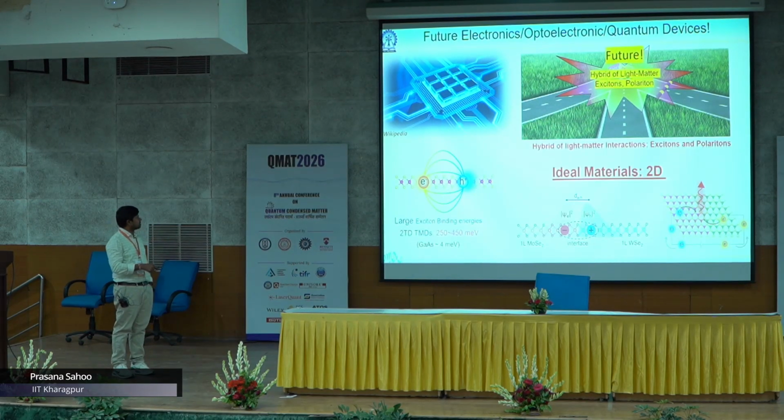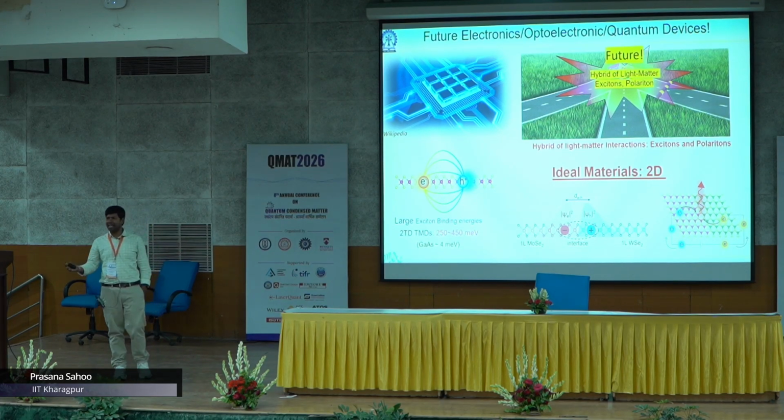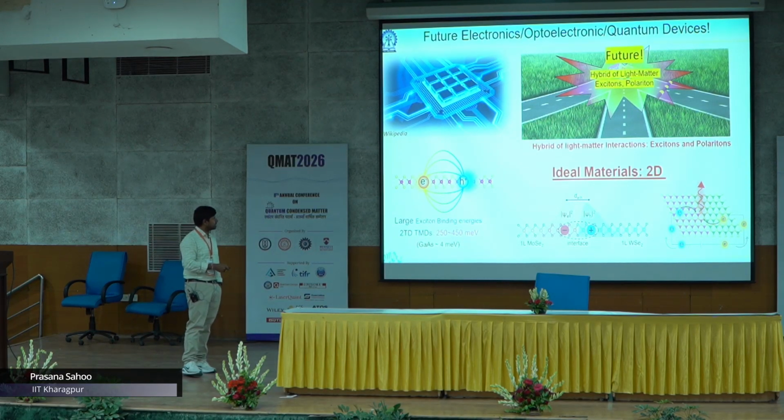For that, the ideal material is more of a lateral heterostructure, where we can precisely modulate the carrier on demand, and we can create the formation of excitons or different kinds of phases very precisely. Unlike in 2D bulk, in the sense of the pure form of material, where we cannot control excitons. Those excitons are very exciting, but we cannot control them, and that limits the application of this kind of structure for practical devices.